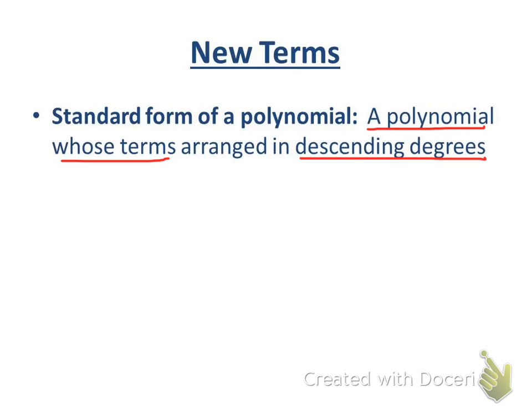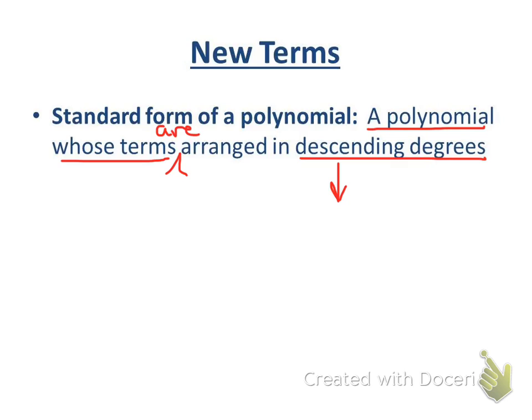Ooh, I left out a word, right? A polynomial whose terms are arranged in descending degrees. Okay, what do we mean by descending degrees? The largest degree to the smallest degree, right?